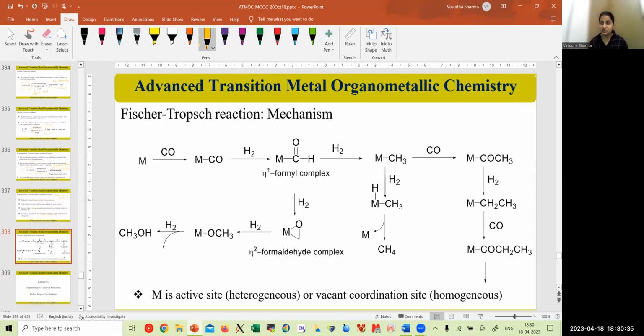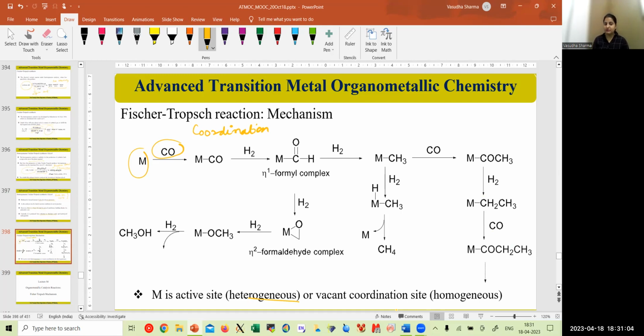Now we will look into the mechanism of the Fischer-Tropsch reaction, how it is happening. Here M is the active site, it could be heterogeneous or the vacant coordination site of the homogeneous. So M could be anything. How is the mechanism actually occurring? Firstly, on the transition metal, the carbon monoxide coordination happens. So the first step is coordination, and then the nucleophile, which is the hydride, will attack. It will make this formyl complex.